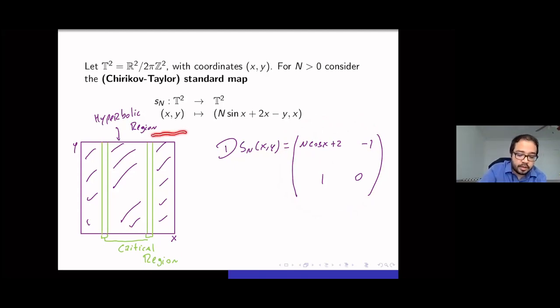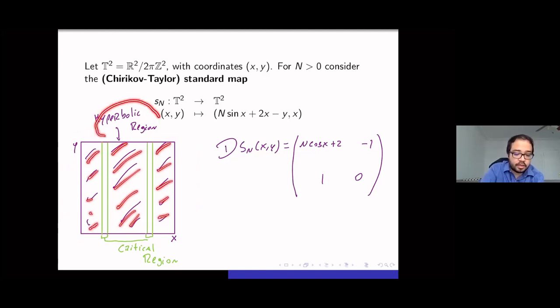One way you can think of this is if you look at your torus, you have a huge area where you see good hyperbolicity. Good hyperbolicity means, in this case, you see good expansion in horizontal vectors.